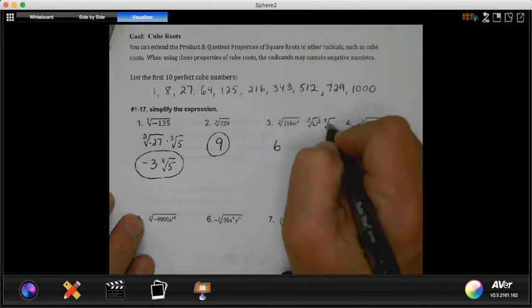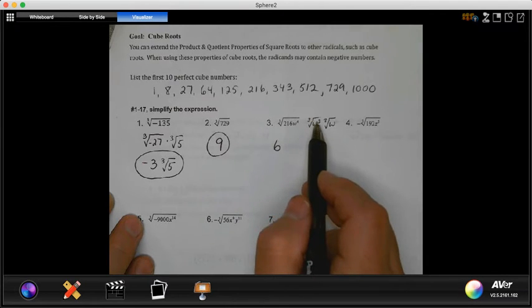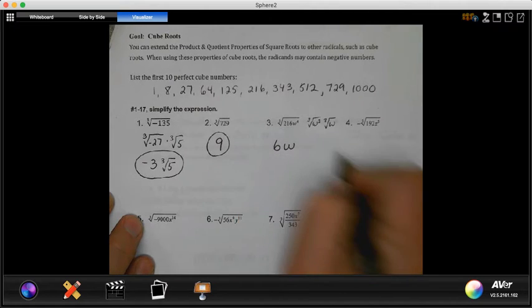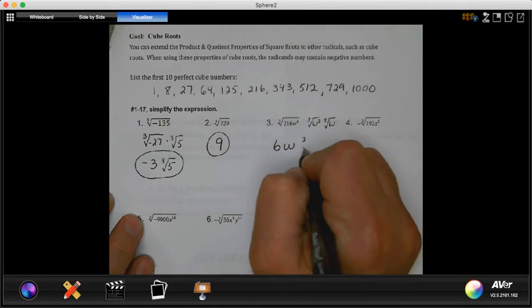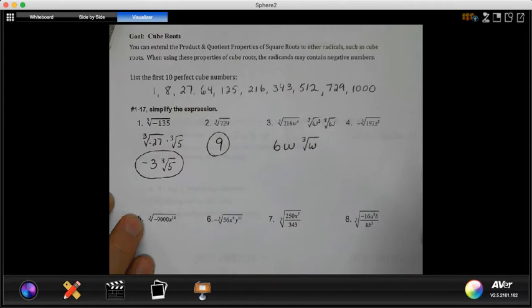If I took 3 of them, I'd have 1 left. Well, then the cube root of W to the third is just W. They cancel. And then you're left with the cube root of W underneath. So that's the long way of doing it, is you just break it apart. How many perfect cubes can you pull out?